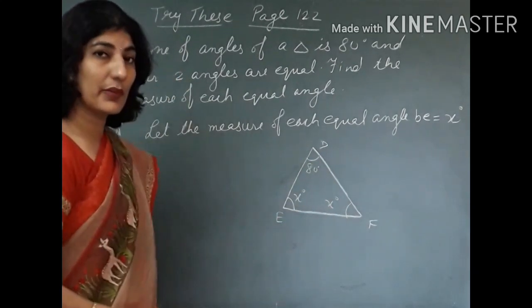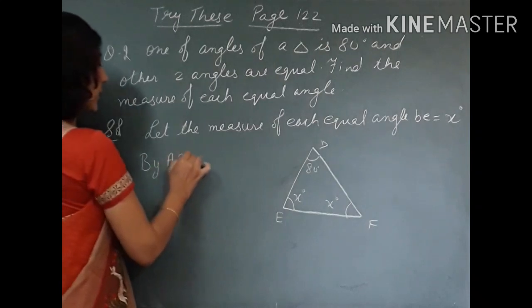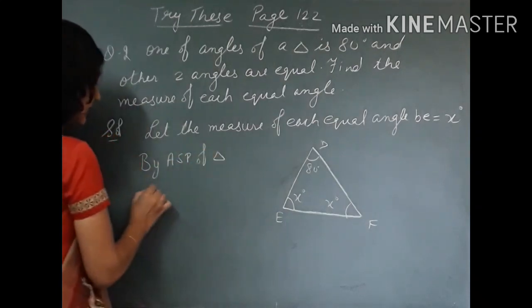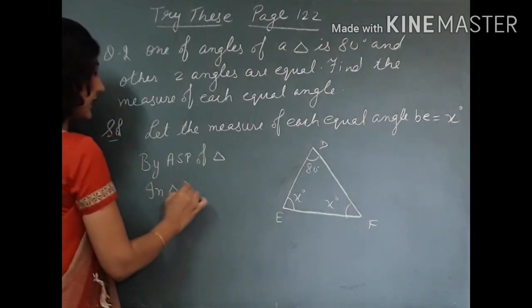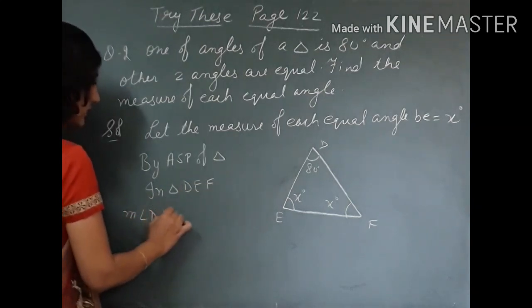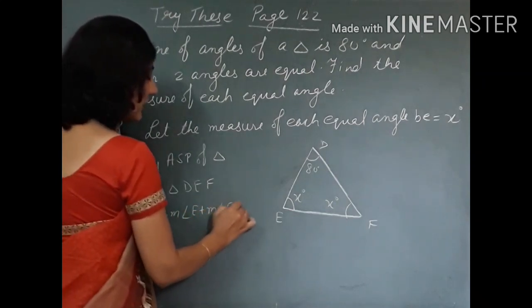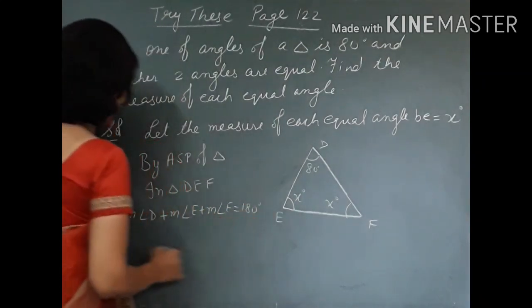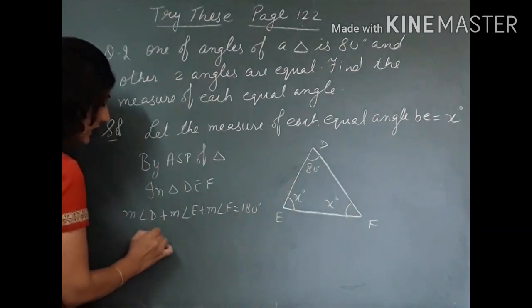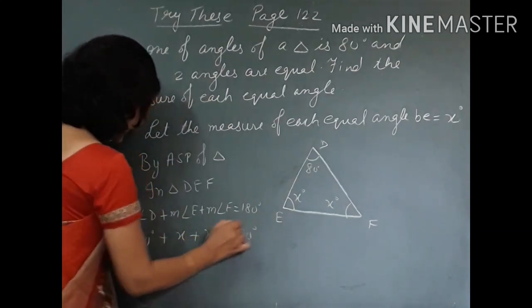Now it's simple by applying ASP of triangle. So you will write by ASP of triangle. In triangle DEF, measure of angle D plus measure of angle E plus measure of angle F equals to 180 degree. Now put the values. 80 plus x plus x equals to 180 degree.